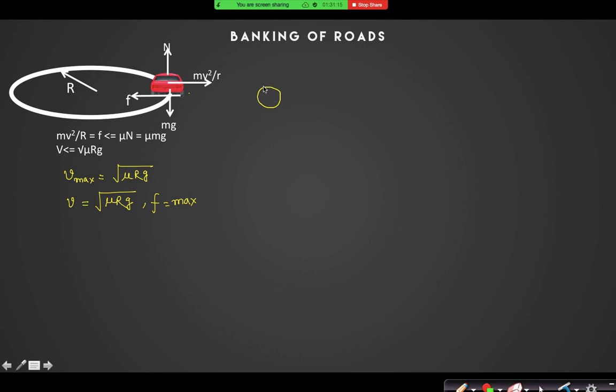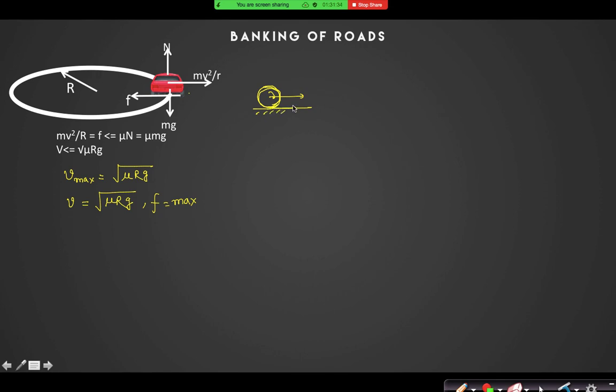Let me give you an idea. When the car is moving in this direction and this is the surface, the friction that acts between the tire and the road along this road is called rolling friction.